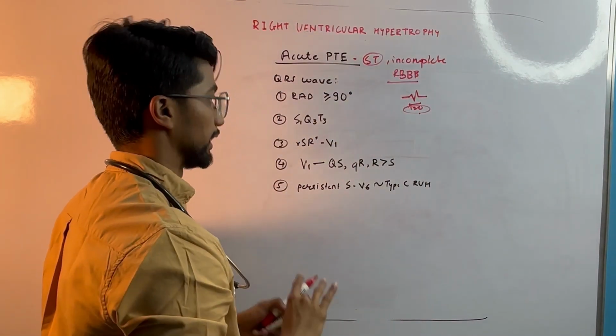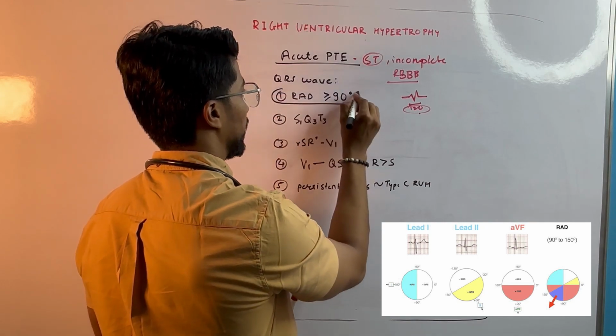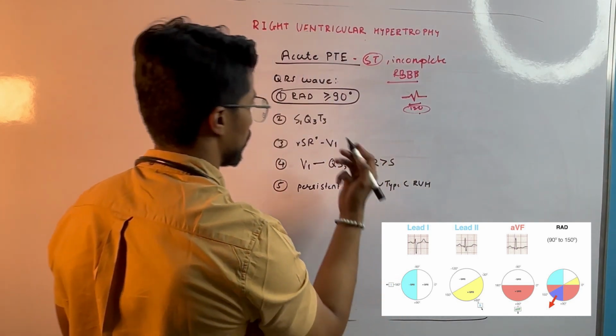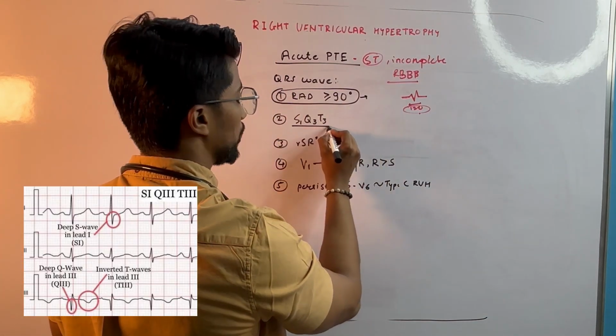But there are a few other things which you need to look out for. Of course, acute PTE is going to have right axis deviation because it's some sort of type C RVH. So any of the RVH is going to have right axis deviation. S1, Q3, T3.